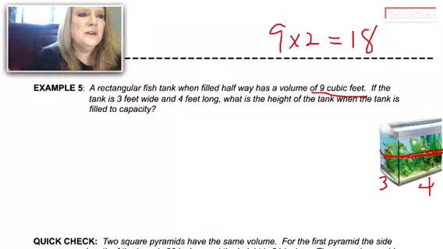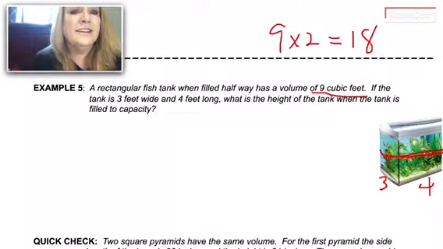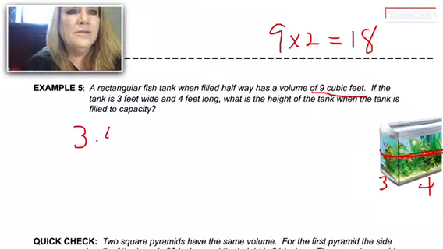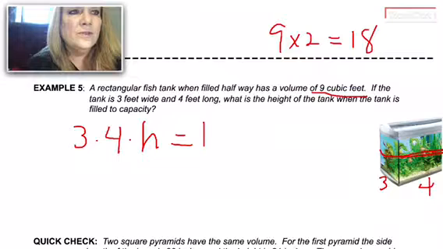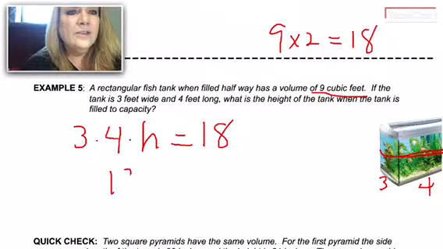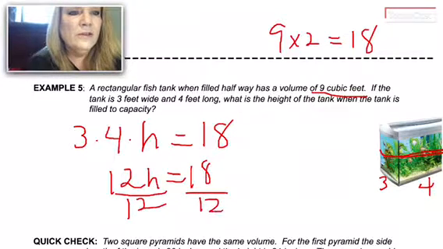And so this just becomes a rectangular prism, which is length times width times height. So 3 times 4 times h is equal to 18. So 12h is equal to 18. Divide both sides by 12.